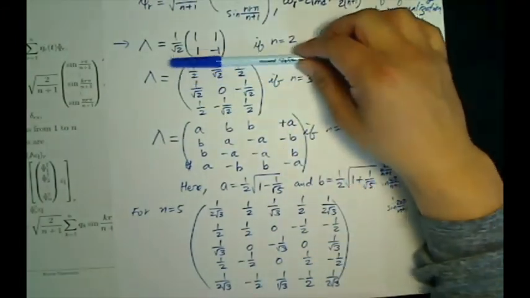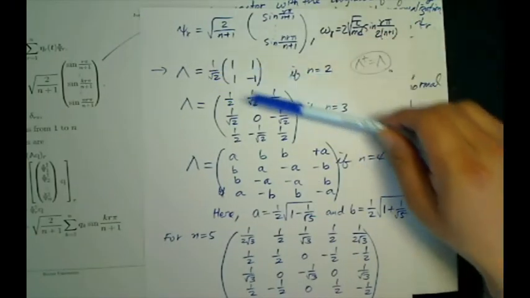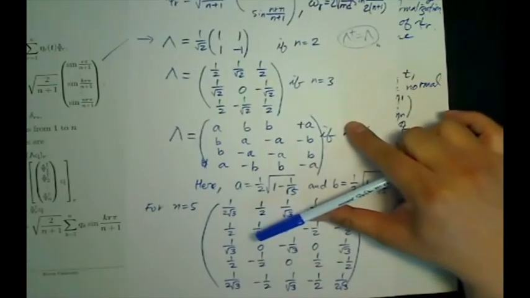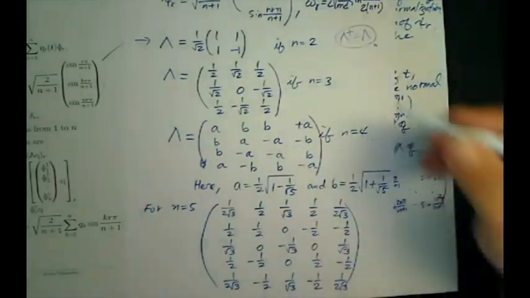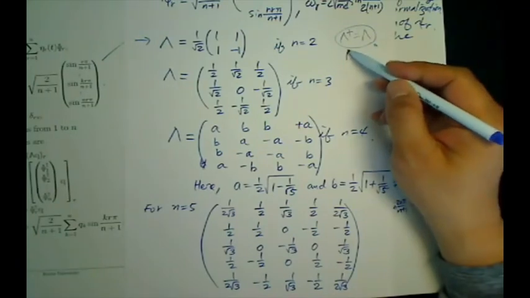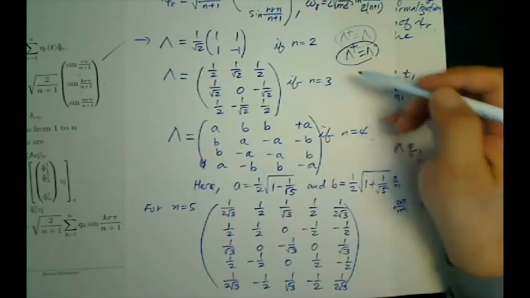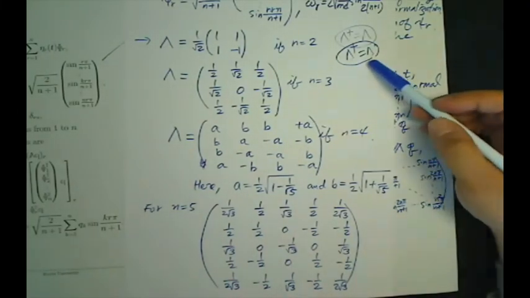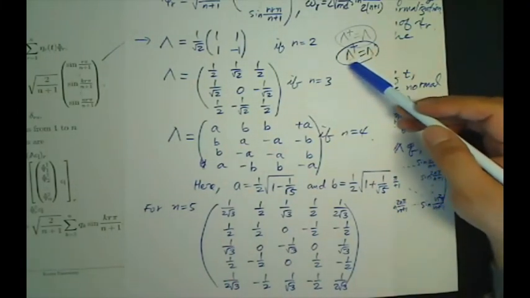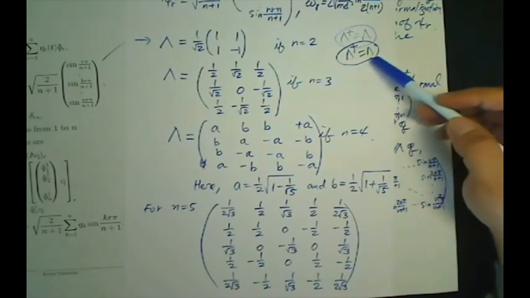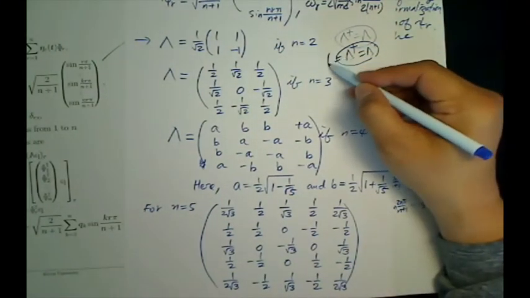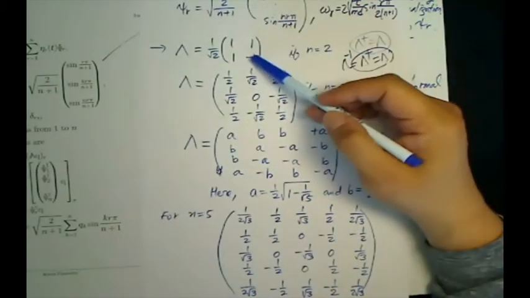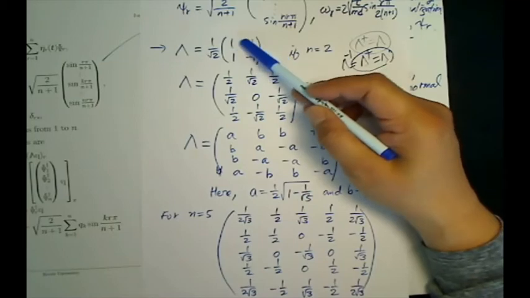As we can see, these matrices are symmetric, and even Hermitian: lambda dagger is lambda, Hermitian and unitary. Lambda dagger is the inverse, so the matrix itself is its own inverse. In the previous case, we put the negative sign on it.